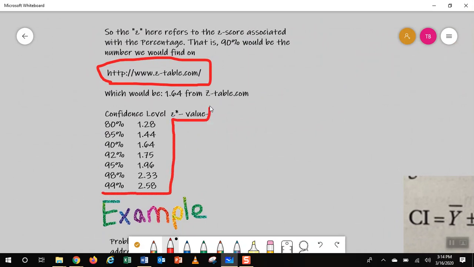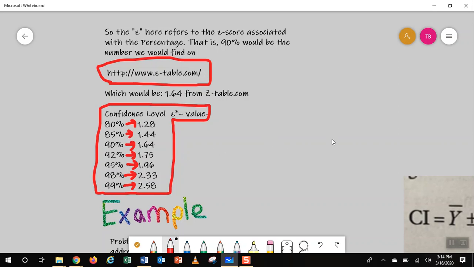These are the common ones, and they all refer to the confidence interval and the corresponding z-score. It's a little off here, but you can see that 80% is a 1.28 z-score, 90% is 1.64, 98% is 2.33. These are the scores you would use when you're looking that up for any questions in the homework. Go ahead and just use these scores here.